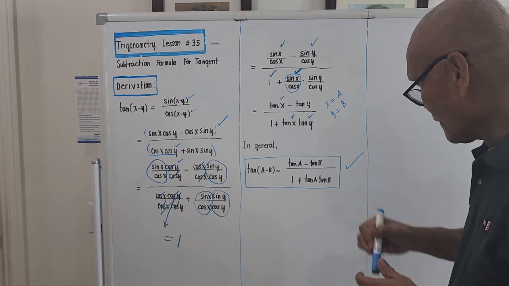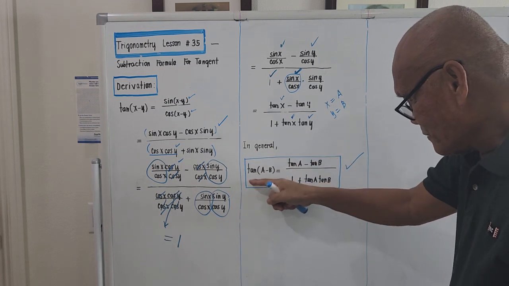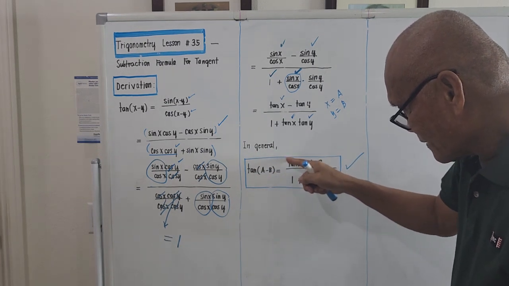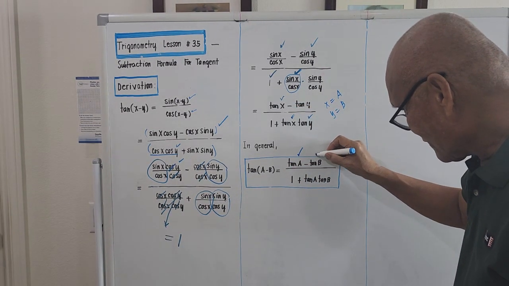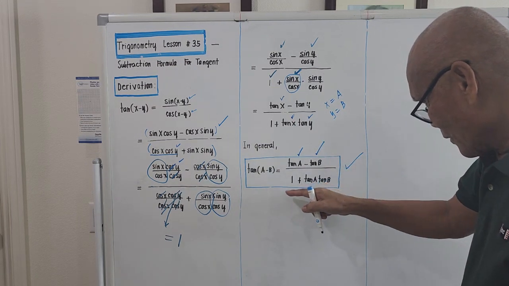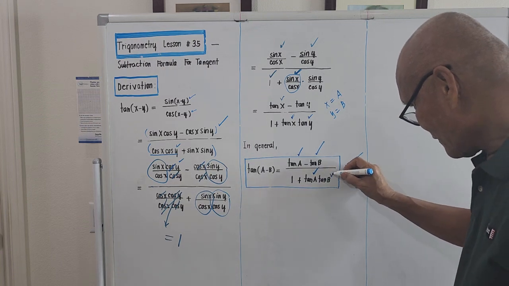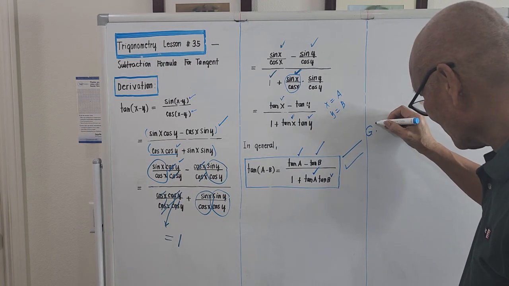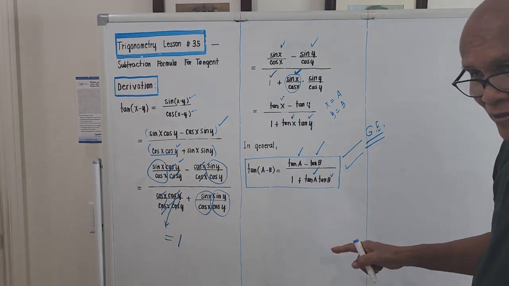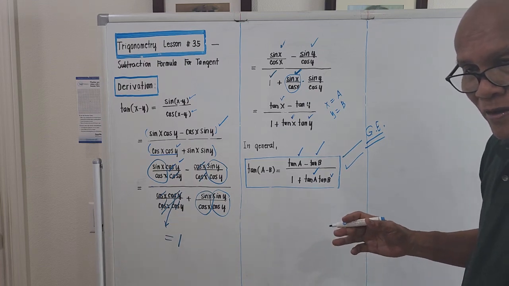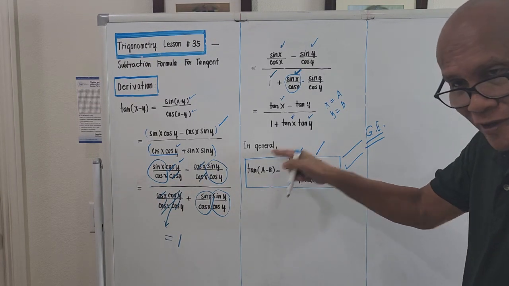So in general now, if we replace x by a and y by b, the tangent of a difference of two angles, a minus b, should be equal to the tangent of the first one minus the tangent of the second one all over 1 plus the tangent of the first one times the tangent of the second one. So this is now a general equation. Try to memorize this by heart because this is one of the foundations of trigonometric identities involving the tangent of the difference of two angles.